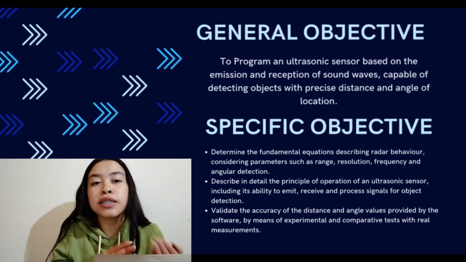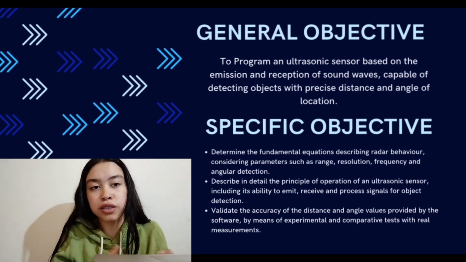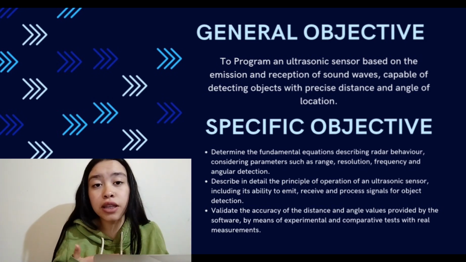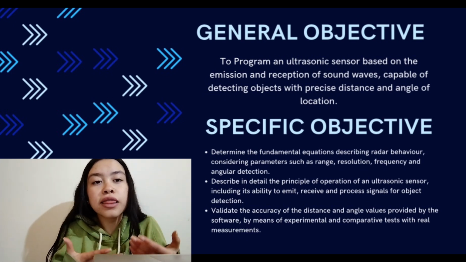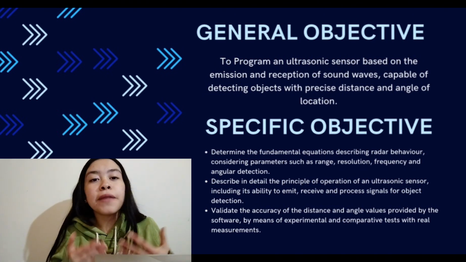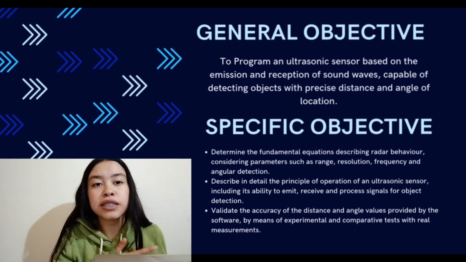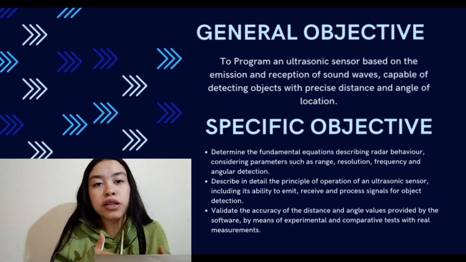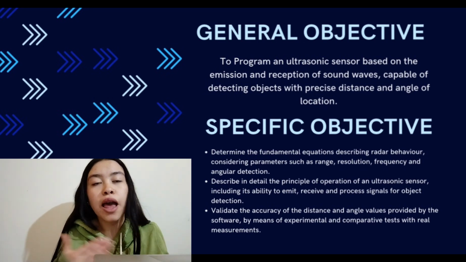The second one is to describe in detail the principle of operation of an ultrasonic sensor, including its ability to emit, receive, and process signals in the detection of objects. The third one is to validate the accuracy of the distance and angles values provided by the software through experimental and comparative tests with real measures.